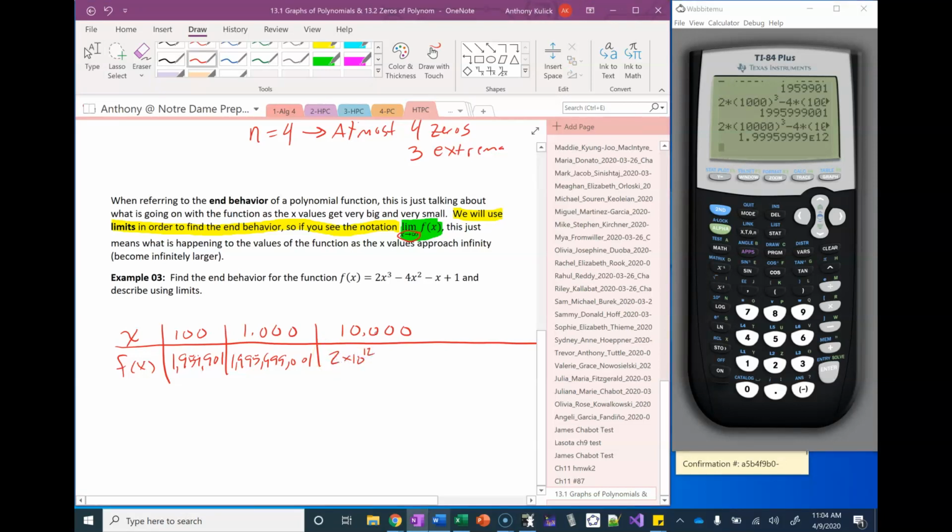That's 2 with 12 zeros after it. So what we're seeing is, as x is getting bigger, y is also getting bigger. So we'd write the limit as x approaches positive infinity of f of x is equal to, well, positive infinity.